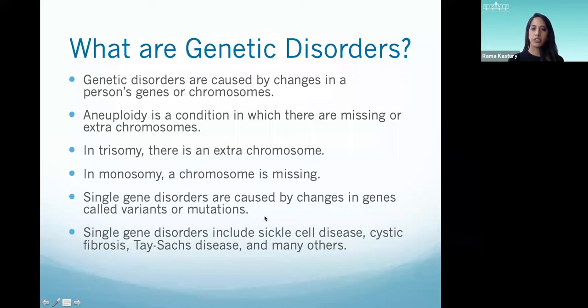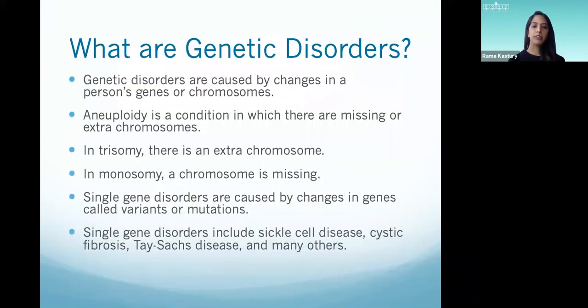Single gene disorders are caused by changes in specific genes, where there could be a small spelling mistake or spelling change in a gene. That occurs when you zoom in really far into a chromosome and you notice that there's 1 letter missing, or there's maybe a small sentence that's deleted in the book.